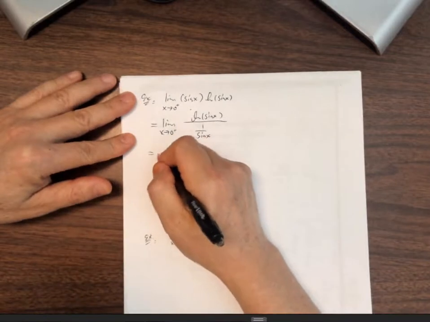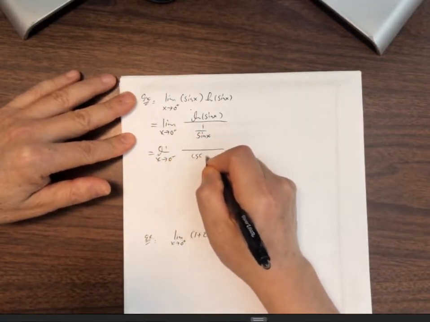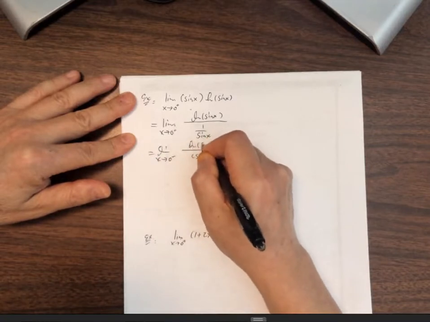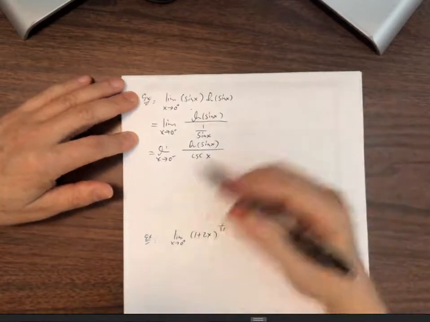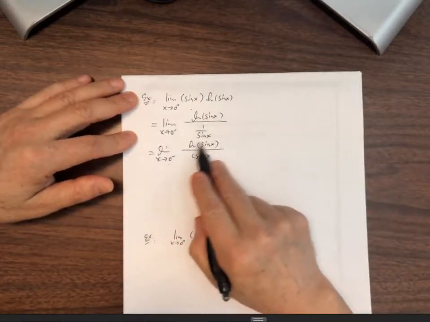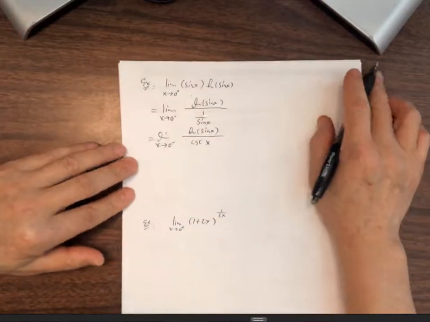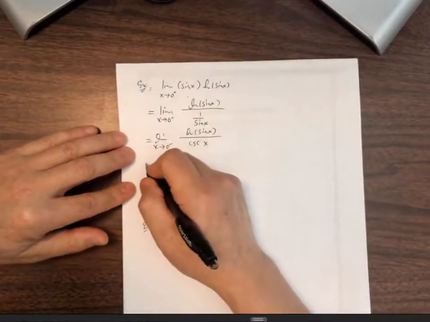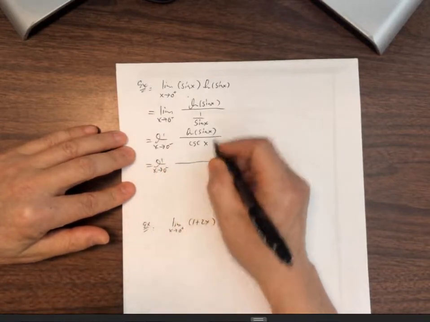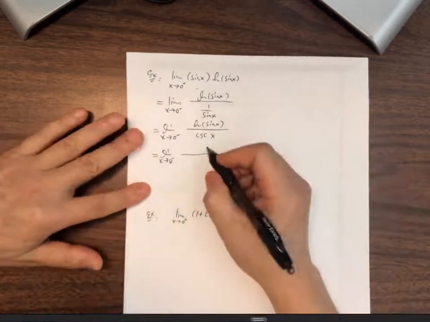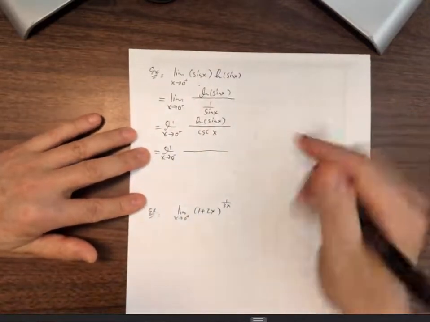Actually, I just showed you 1 over sine is cosecant. Now you can check x approaches 0. This is infinity. This is infinity. So L'Hopital's rule. Once we have a fraction, it's an indeterminate form, then we know what to do.